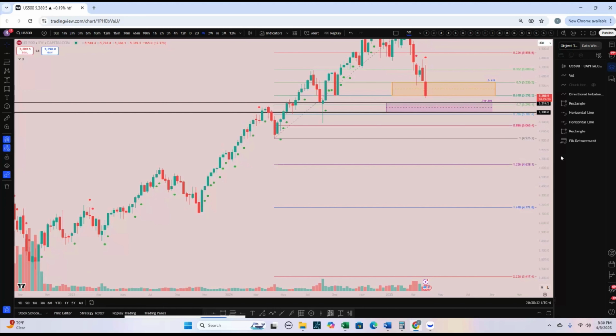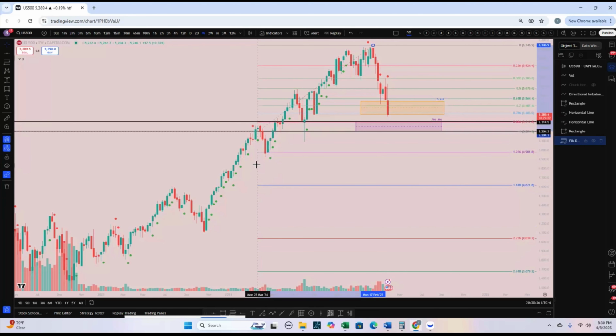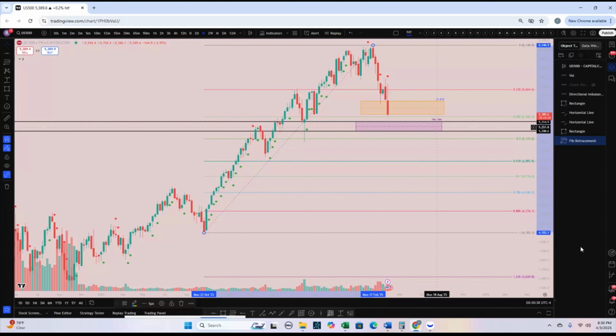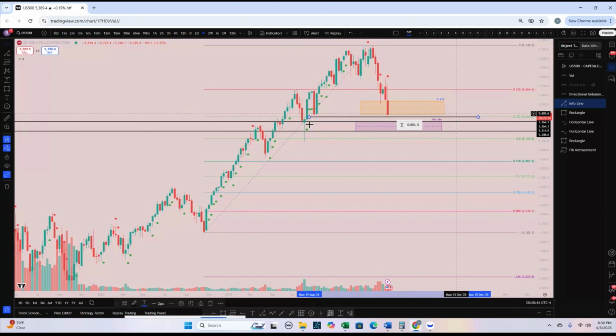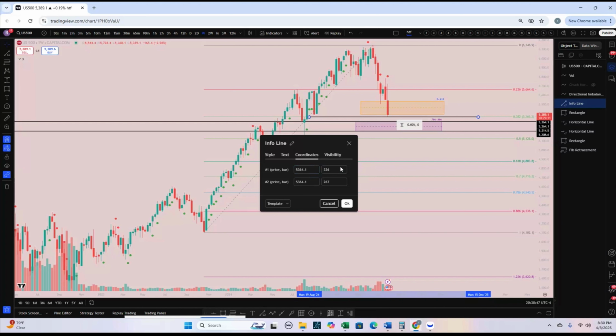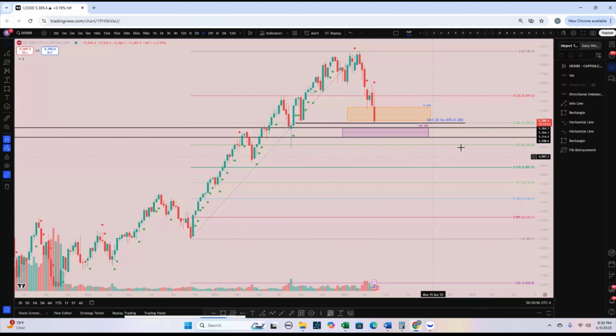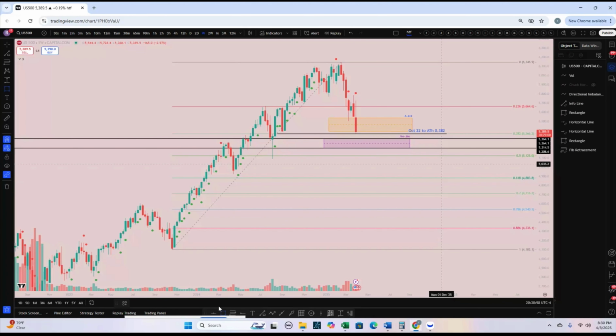And then my next one would be August or October, and where are we at? 0.382. So I'll mark this, and we could potentially fall all the way.